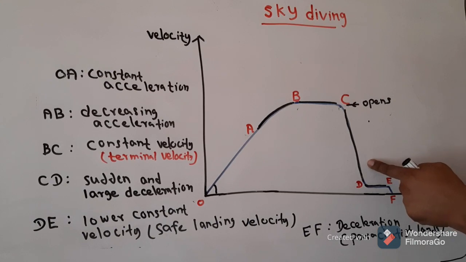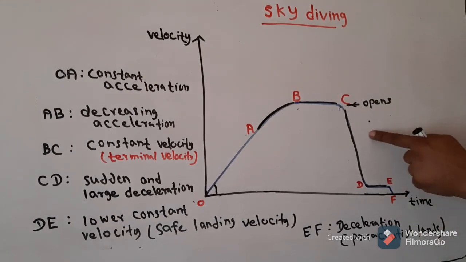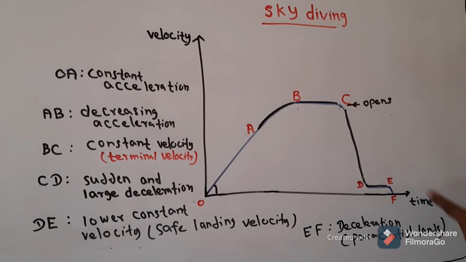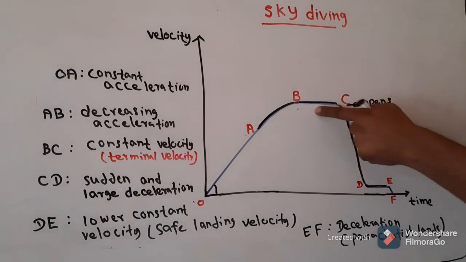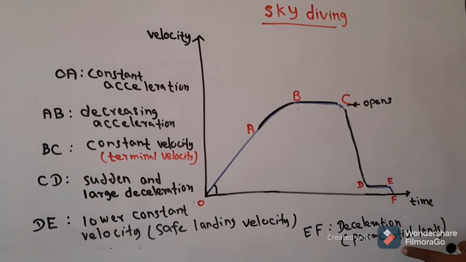CD, sudden and large deceleration, because at C the parachute opens, and as a result air drag largely increases. So D to E, again this is a constant velocity, but this time it's a lower constant velocity, or a safe landing velocity for the parachutist. And EF, again he lands.